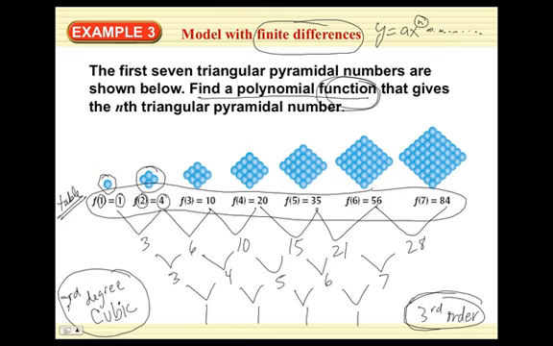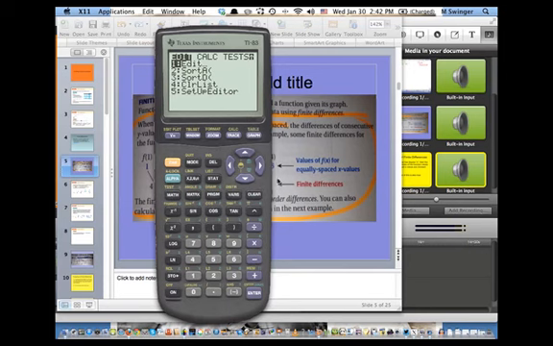Now how do you get the function based on the table? You've done this before. You're going to type your table into the stat key. Remember doing that? So the process is, everybody hit your stat button on your calculator.